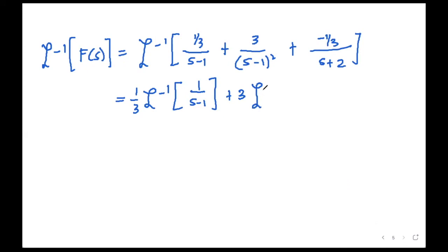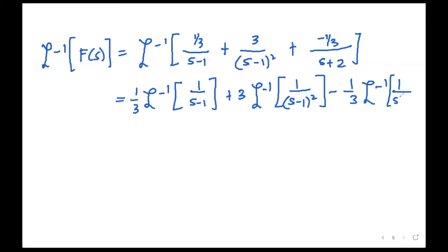So laging ilagay yung constant before the operator. 1 over s minus 1 squared, minus 1/3 inverse of 1 over s plus 2. First term natin, first shifting lang to. So 1/3 e raised to at. Our a is 1, so e raised to t.